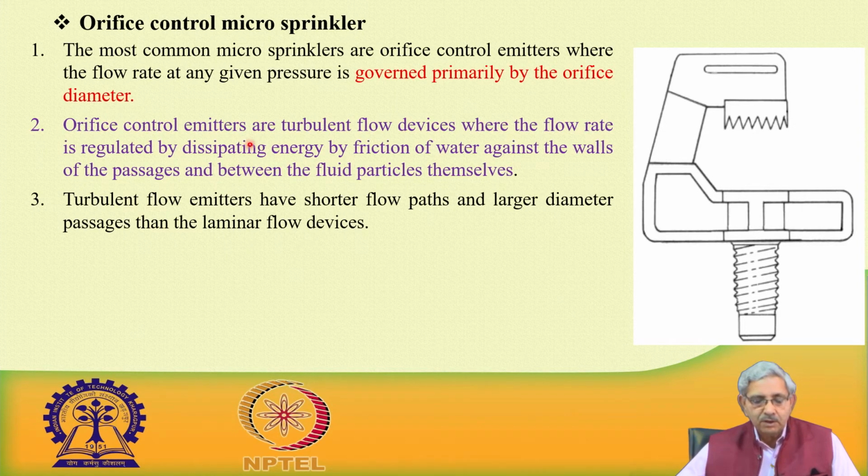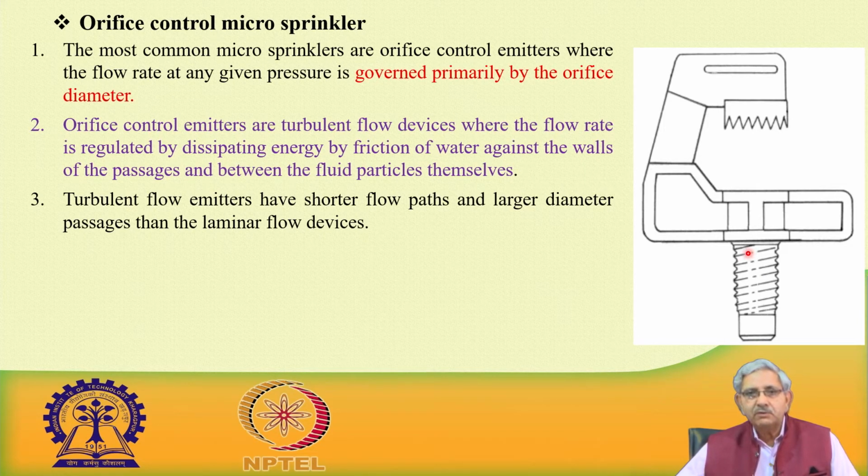Orifice control emitters are turbulent flow devices, where flow rate is regulated by dissipating energy by friction of water against the wall of the passages and between the fluid particles themselves. Turbulent flow emitters have shorter flow paths and larger diameter passages than laminar flow devices. So, the concept is the same as was used in the micro irrigation drip emitters we discussed.